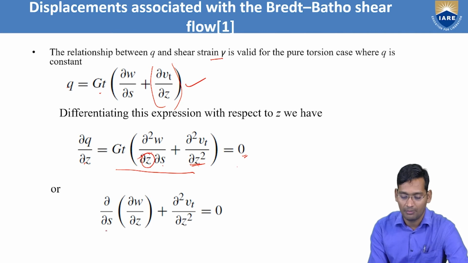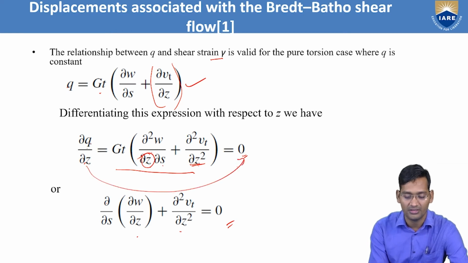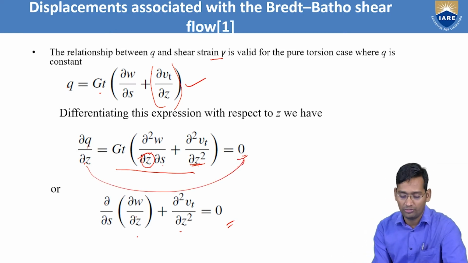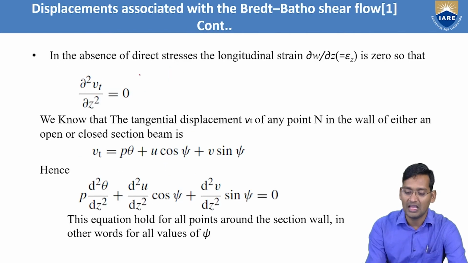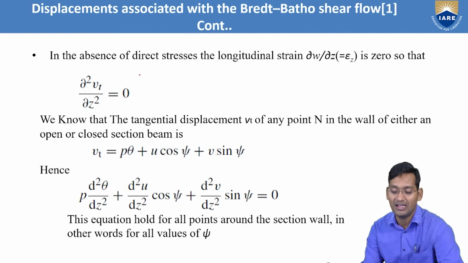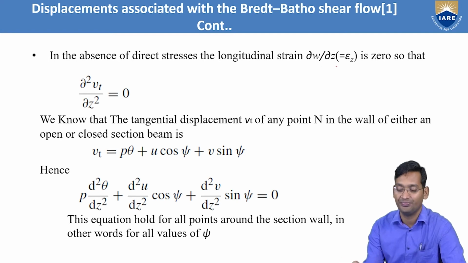So now we can see this term is equal to 0. Simply writing the differentiation: del by del S of del W by del Z plus del 2 Vt by del Z square equals 0. Why? After taking this side, this term becomes 0. Now, in the absence of direct stress, the longitudinal strain del W by del Z, that is epsilon Z, is 0.